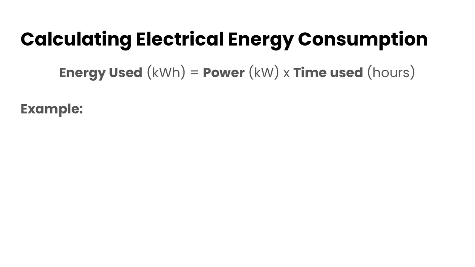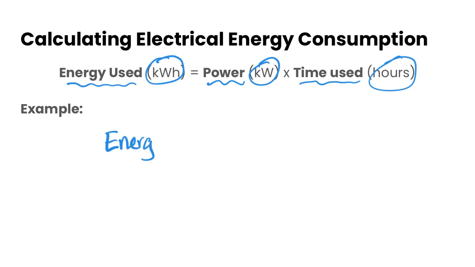So first up, we're going to take a look at calculating electrical energy consumption. The equation we want to use here is that the energy used in kilowatt hours is equal to the power in kilowatts times the time used in hours. For example, if we had a microwave that used 0.8 kilowatts and we used it for half an hour, then we can figure out the energy by taking the 0.8 kilowatts and putting the half an hour into hours.